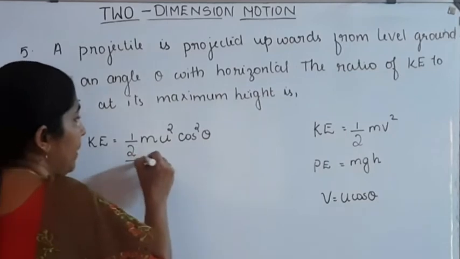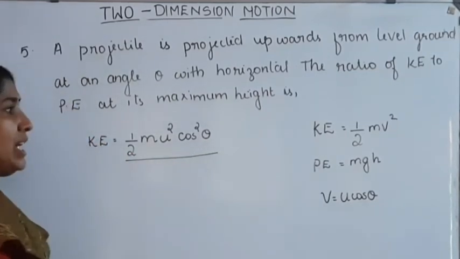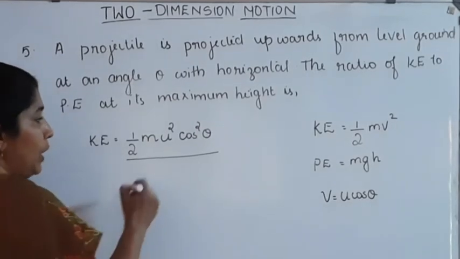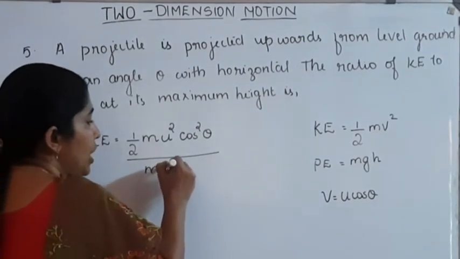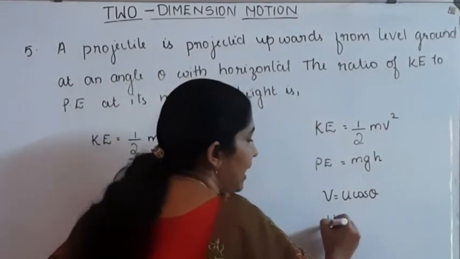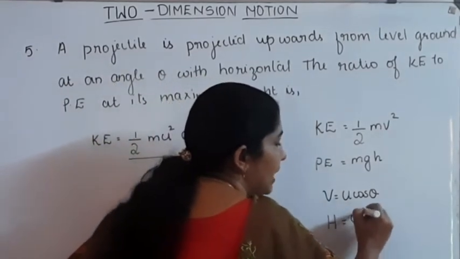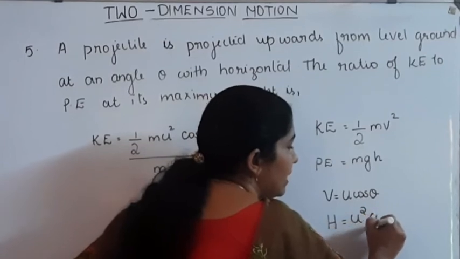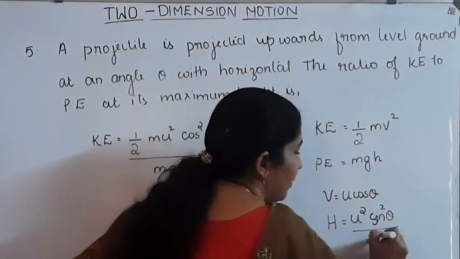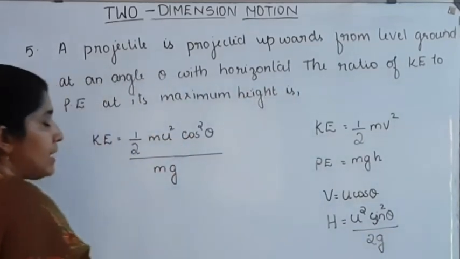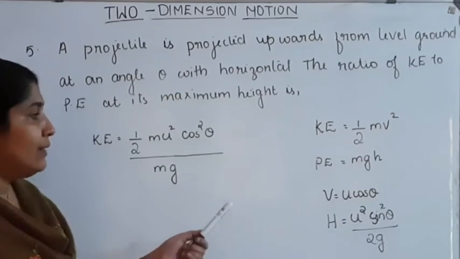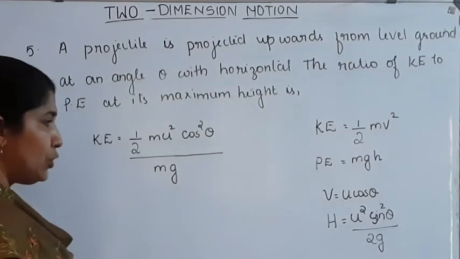Divided by, what about the potential energy? Potential energy at the maximum height is equal to m into g into h. What about the equation for the height of the projectile? Maximum height of the projectile when it is projected at an angle theta is equal to u square sin square theta divided by 2g.